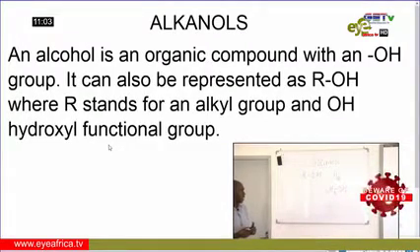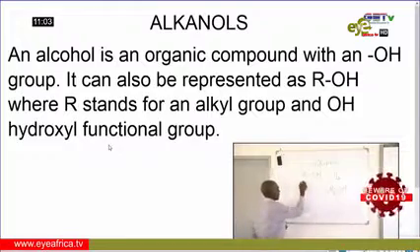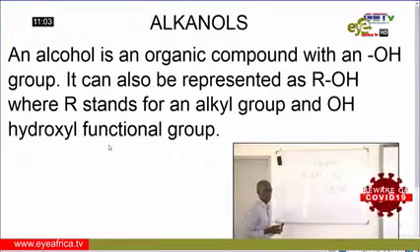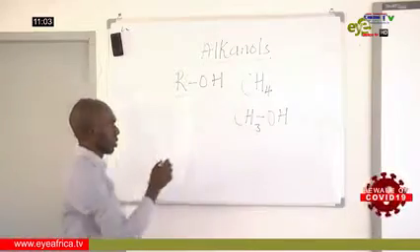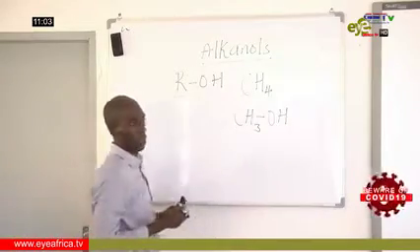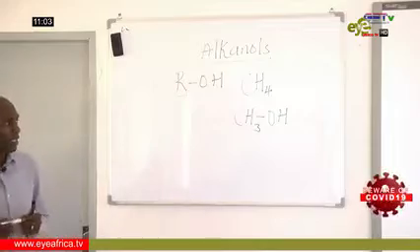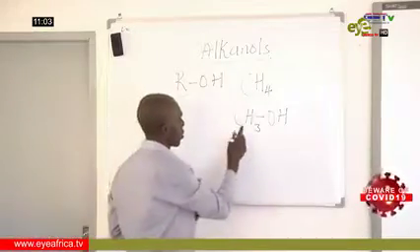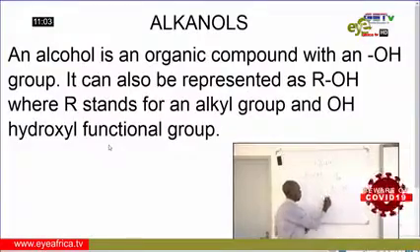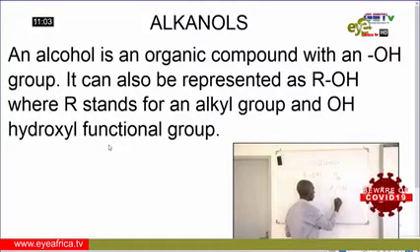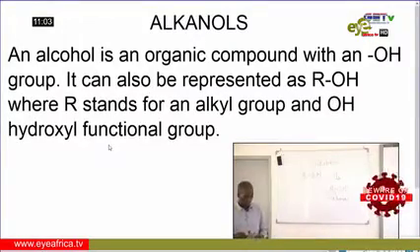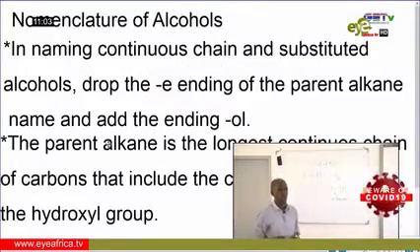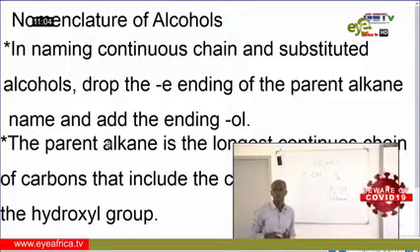So every alcohol must have an R group, which is always made up of an alkyl group. And then the alkyl group can be made up of one carbon or more than one carbon. So the simplest alcohol we can have will be made up of one carbon, which is called methanol.